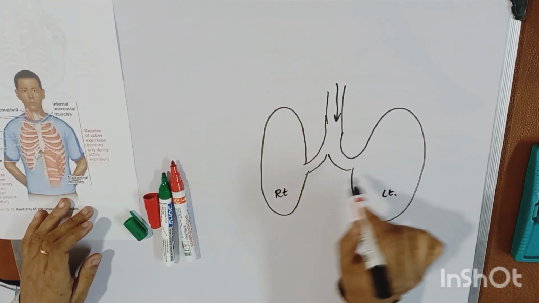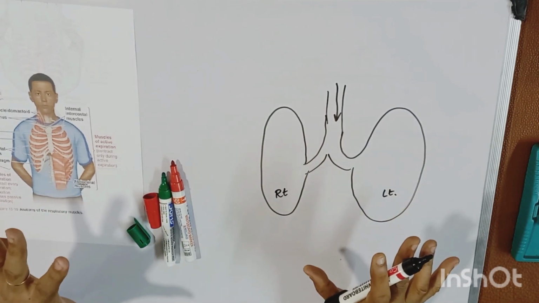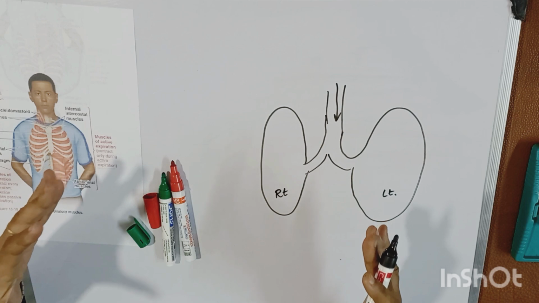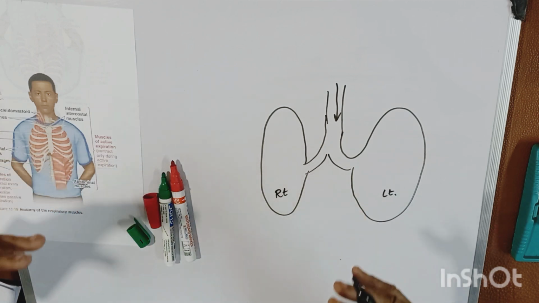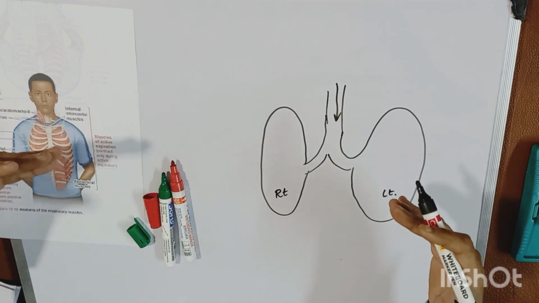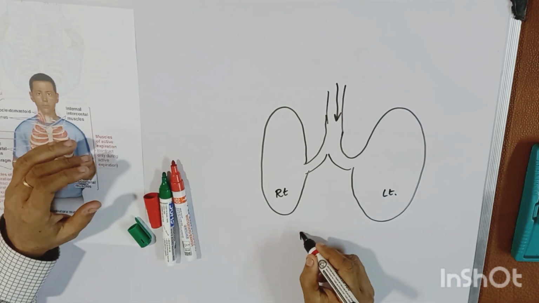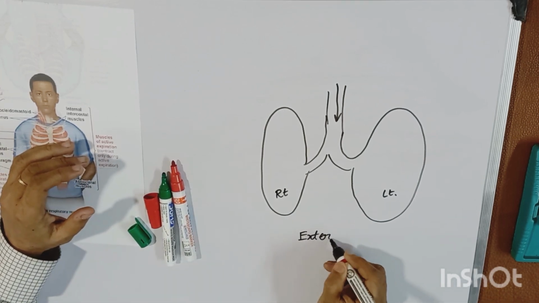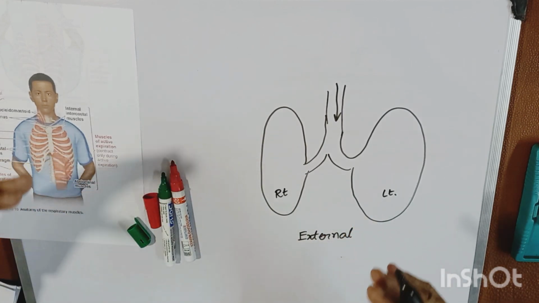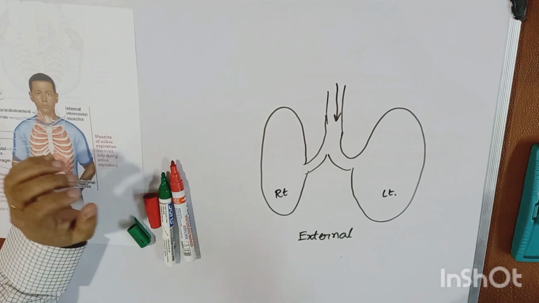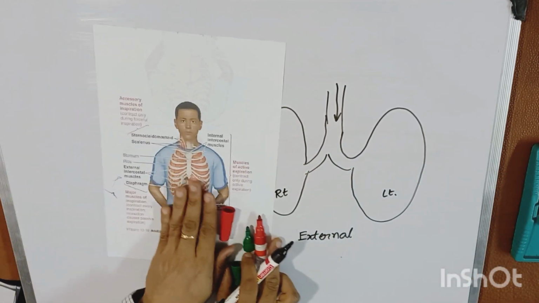These two lungs occupy a certain volume, and this volume is increased by the contraction of the thoracic wall, the contraction of the muscles of respiration, precisely the contraction of the external intercostal muscles. The contraction of the external intercostal muscles will pull the ribs forward, and there is an expansion of the volume.